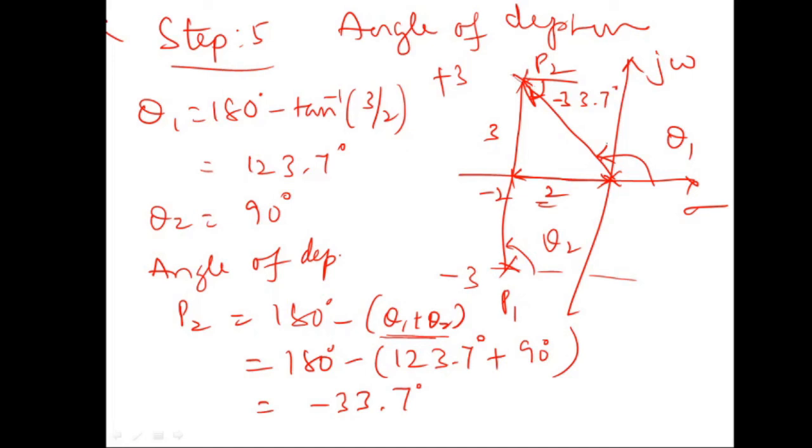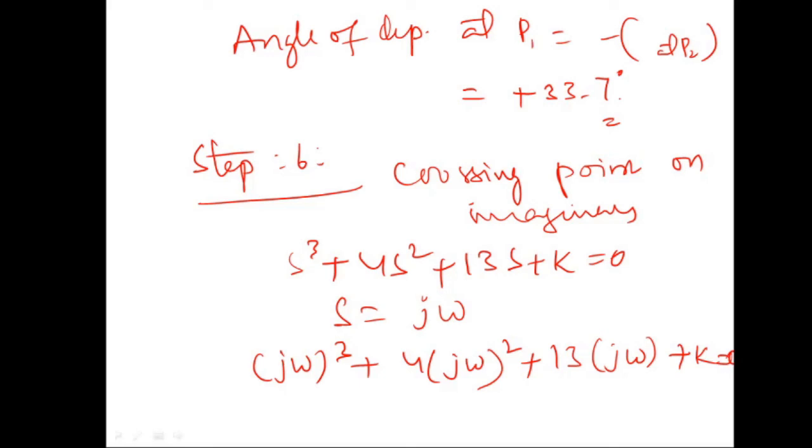We have drawn these two, and from this we found the angles theta 1 and theta 2, and we added them, and finally we got minus 33.7 degrees. Once you get one complex pole's angle of departure, the other complex pole's angle of departure is the negative of that one. So it became plus 33.7 degrees.